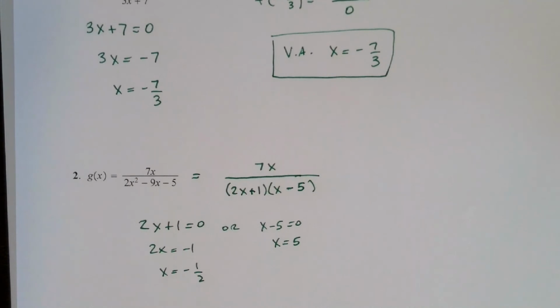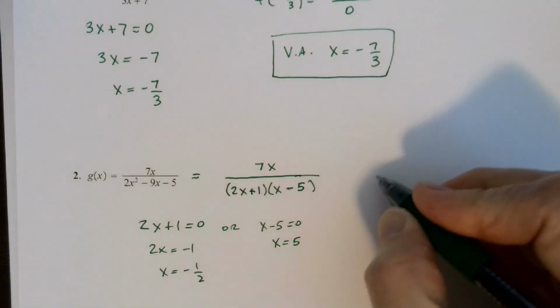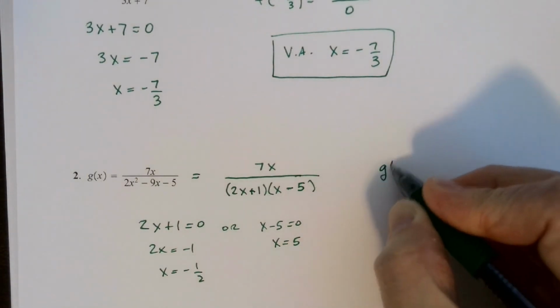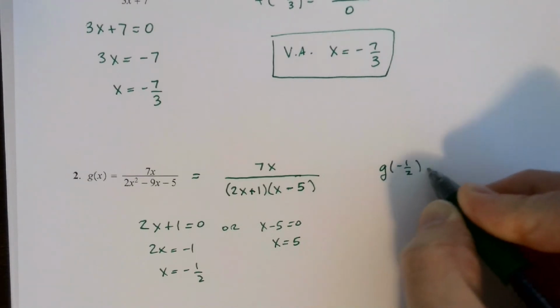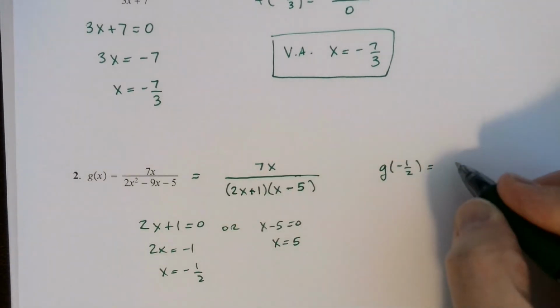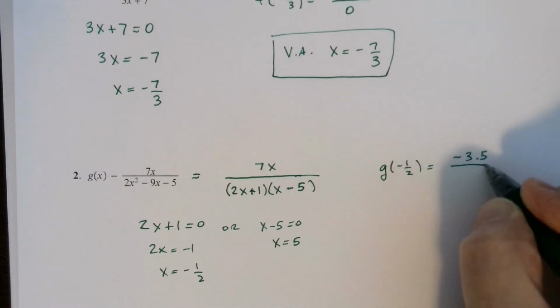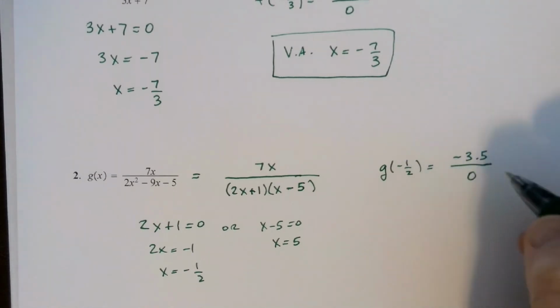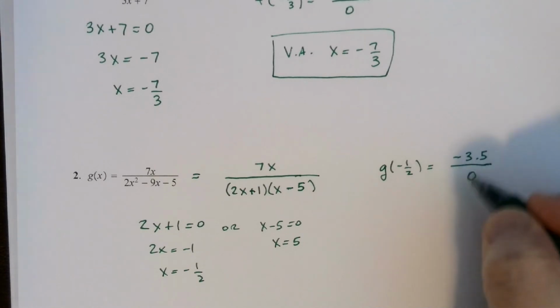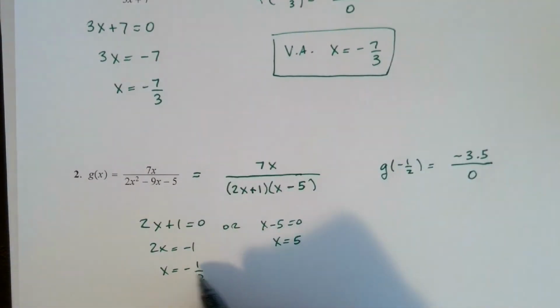Do we have vertical asymptotes for those values? Well, let's see. At -1/2, what do I get if I plug in -1/2? 7 times -1/2 is -3.5. What do I get in the denominator? 0. Right? So again, this is undefined. This is not a real number, but this tells me that I have a vertical asymptote at x equals -1/2.